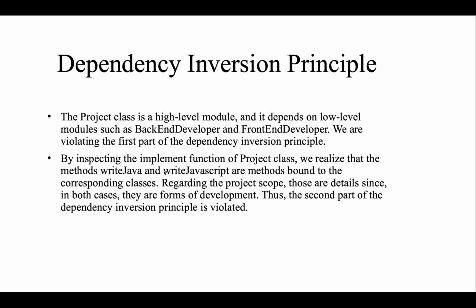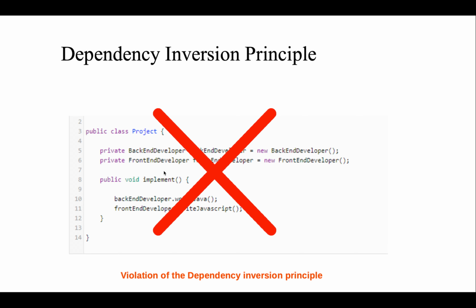Also, the writeJava and writeJavaScript methods are details from our project perspective, and we are directly exposing them, which violates the second part of the dependency inversion principle, which says details should depend upon abstraction. So this is a clear violation of the dependency inversion principle. Now the question arises how we can fix this.